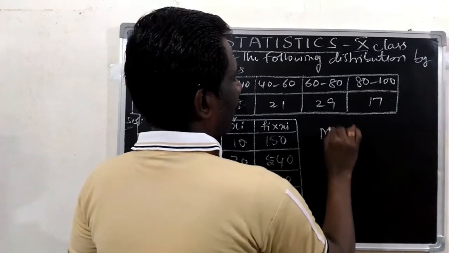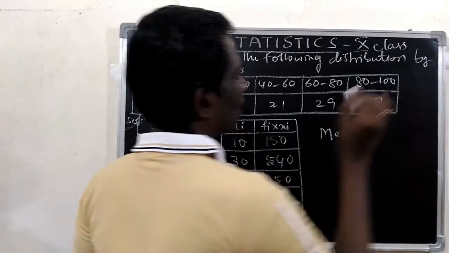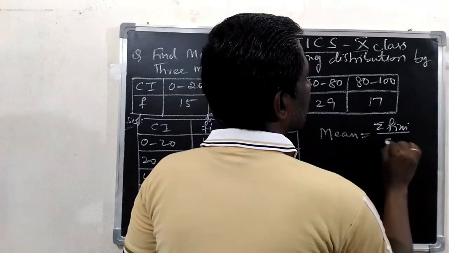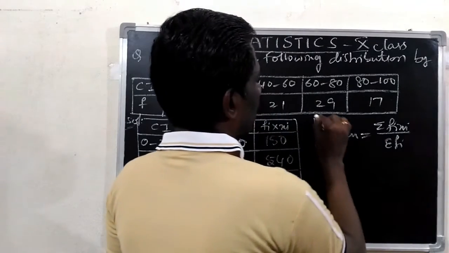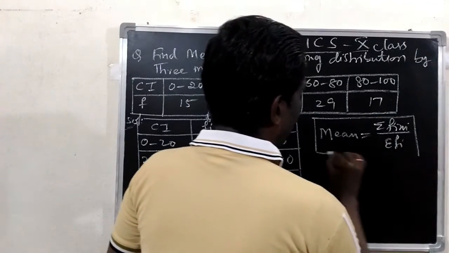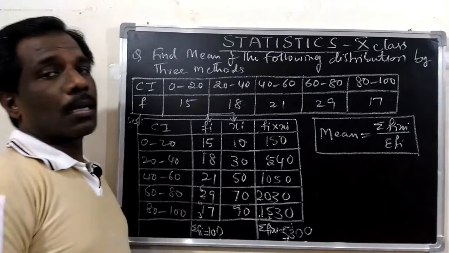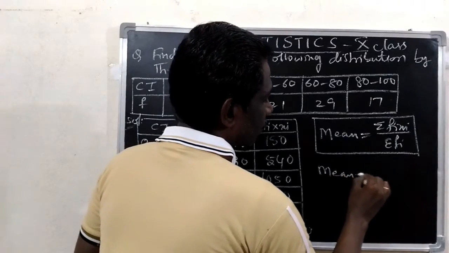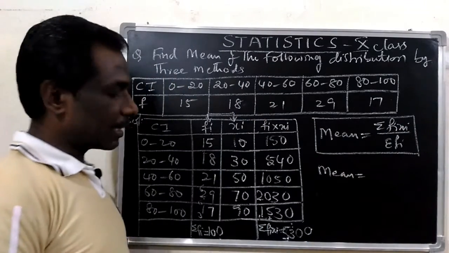Now write the mean formula. Mean is equal to sigma fi xi by sigma fi. This is the mean formula for the direct method. So mean is equal to, what is the value of sigma fi xi?